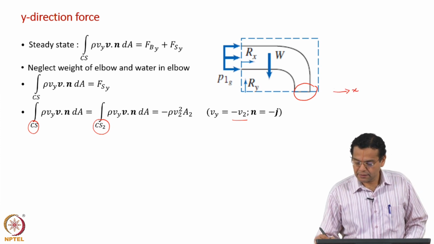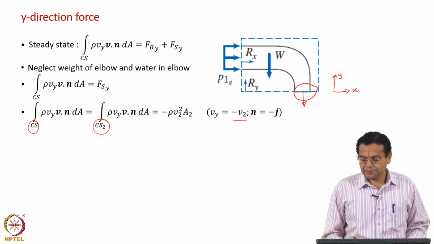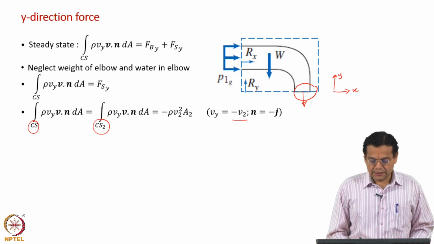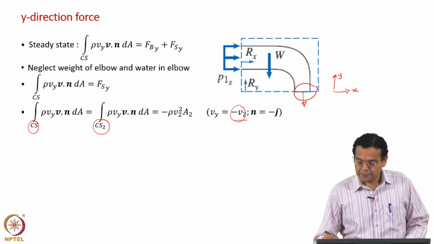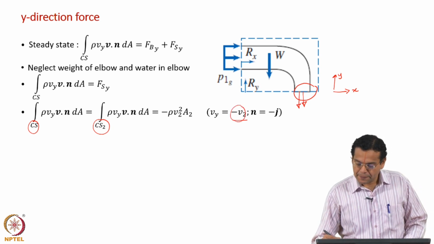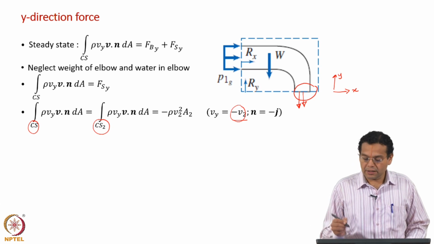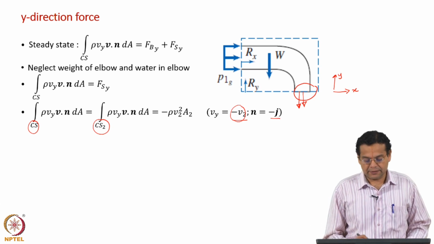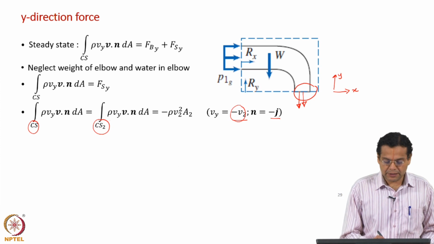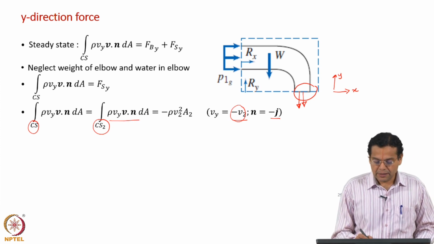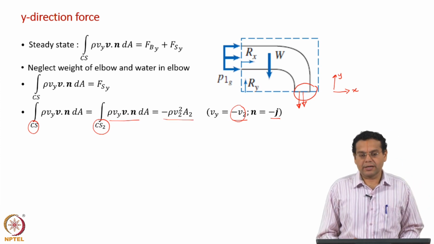You have x along and y here, and the velocity is along the negative y axis. So, it is minus V2, and n is the outward normal, and so it is also along the negative y axis, so minus j vector. If you substitute in this expression, assuming it is uniform, then you get minus rho V2 squared A2.